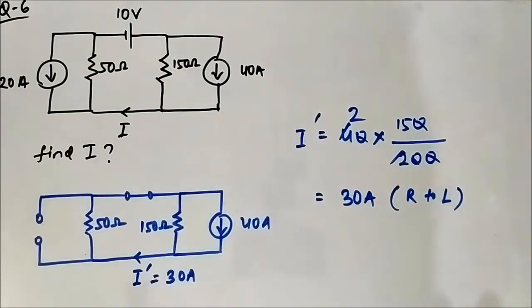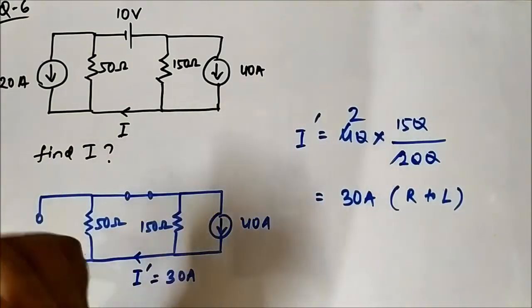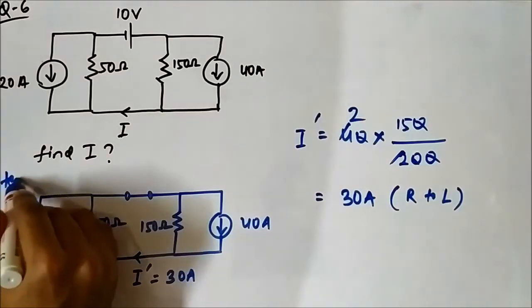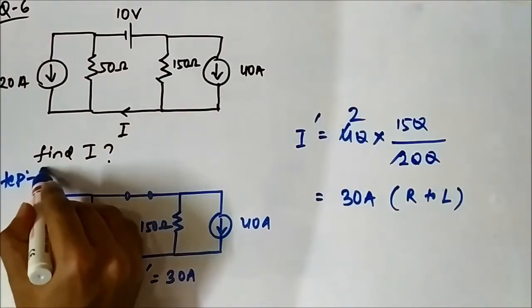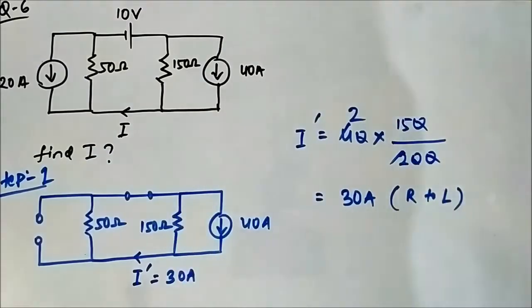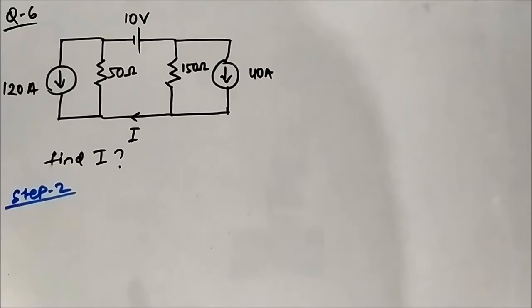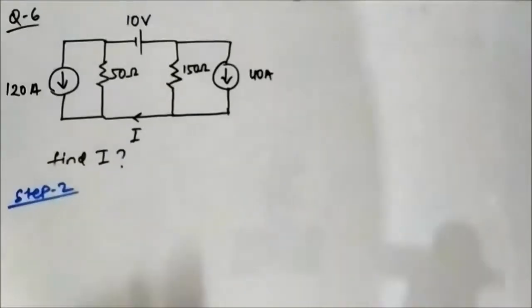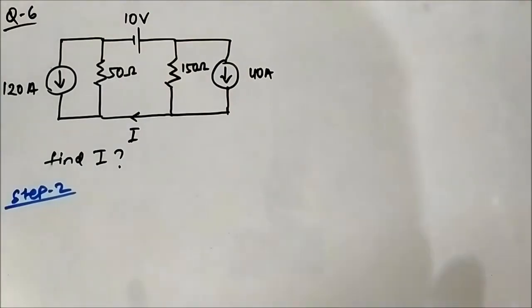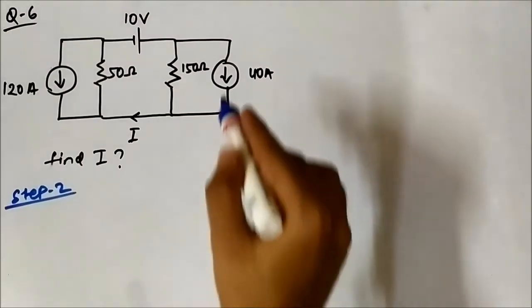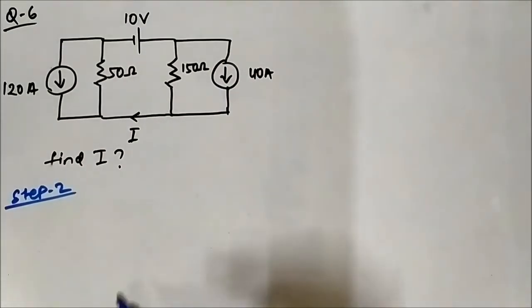So step 1, the current because of the 40 ampere current source is 30 ampere. Now we will consider the 120 ampere current source in step 2. We will short circuit the 10 volt voltage source and open circuit the 40 ampere current source.